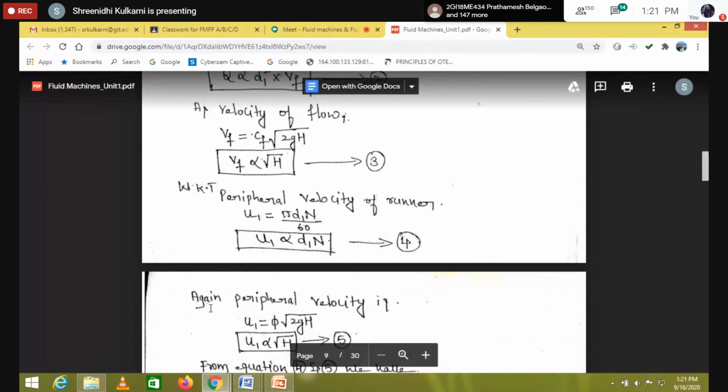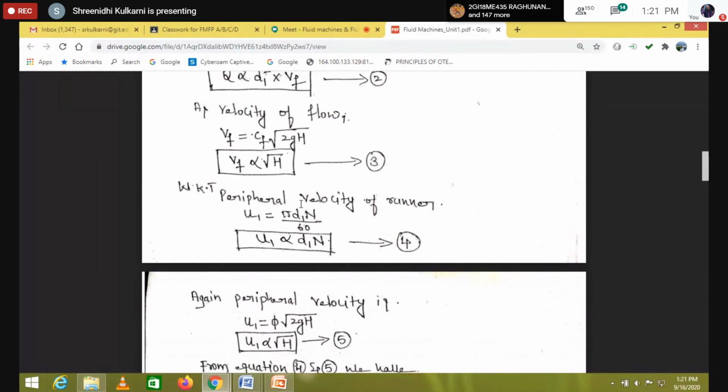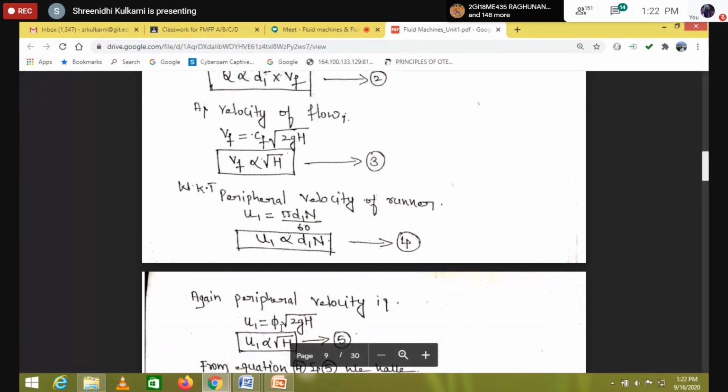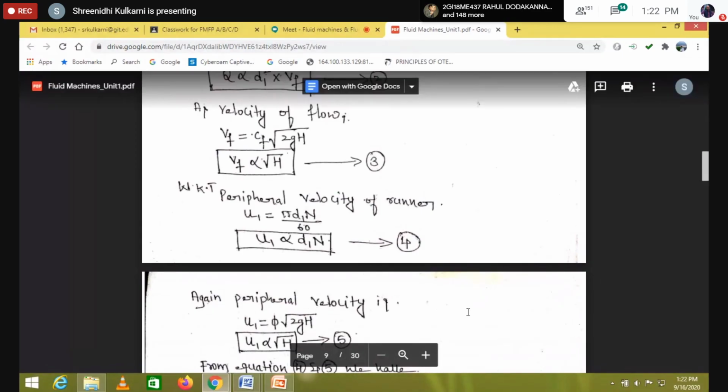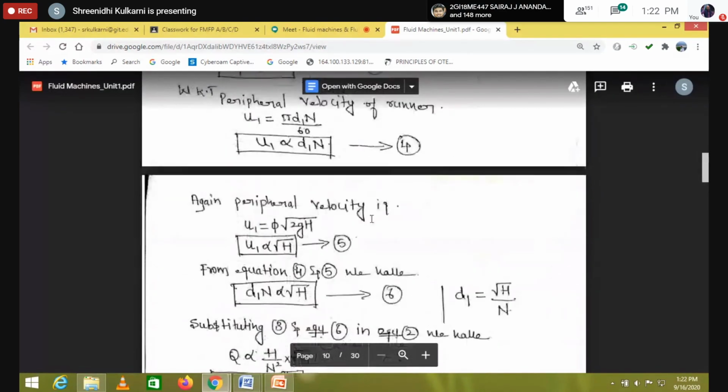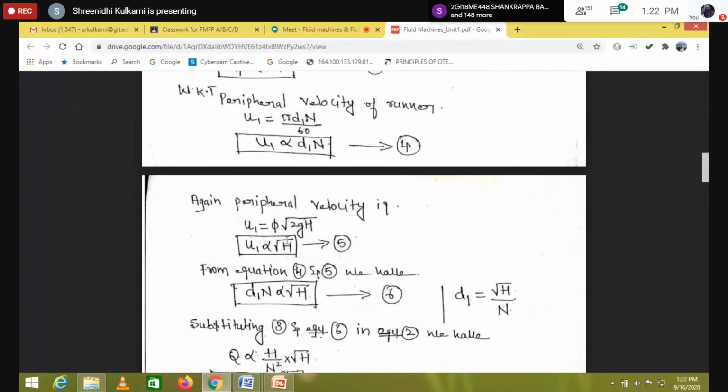So once again we can write the peripheral velocity. U is equal to phi, which is again a constant, into root of 2gh. Phi is nothing but the ratio of the blade speed velocity. Again, here the head is varying, so U1 is directly proportional to root h.